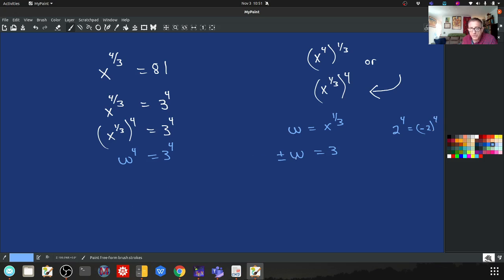So plus or minus w is equal to 3. So what is w? Plus or minus x to the 1/3 is equal to 3.